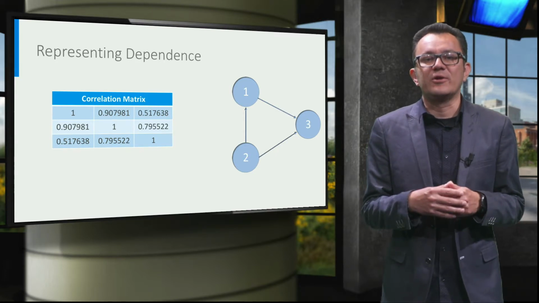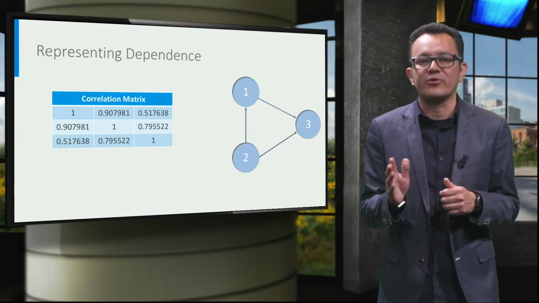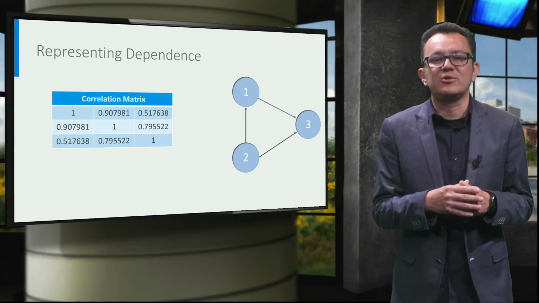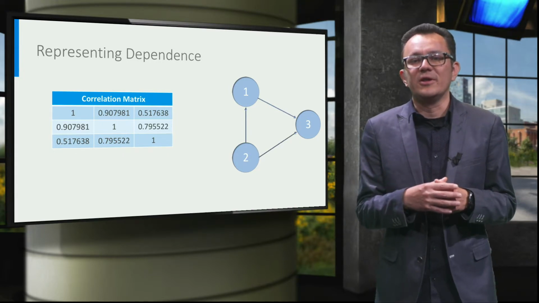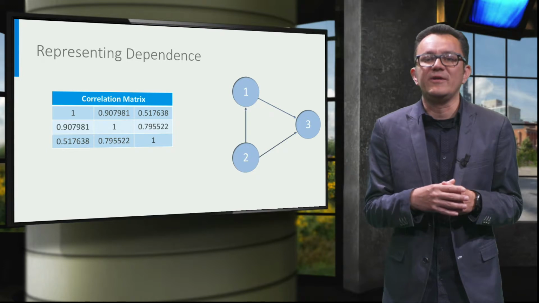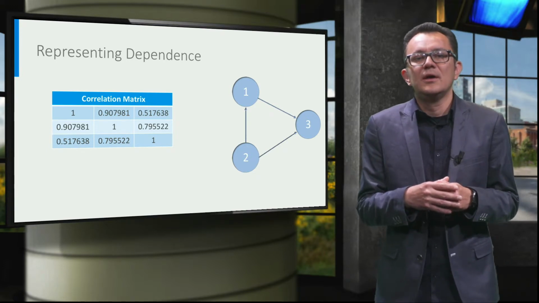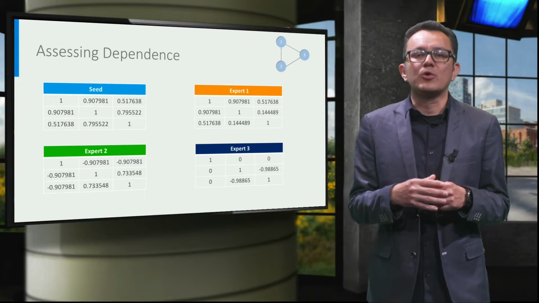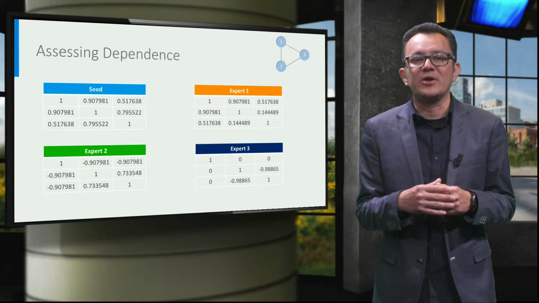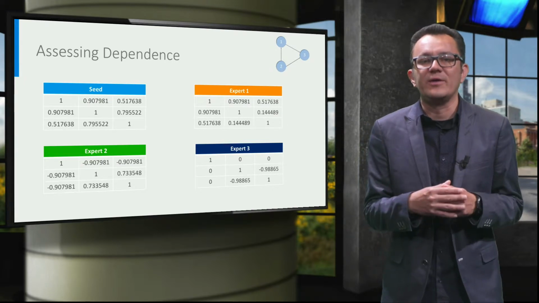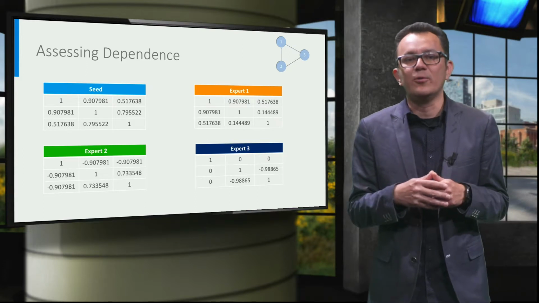That is, the correlation between random variables 1 and 2 is about 0.9, the correlation between variable 1 and 3 is about 0.51, and the correlation between variables 2 and 3 is about 0.79. Similarly, as in Cook's method, we will have a correlation matrix that will be used for measuring the accuracy of experts when estimating dependence, a seed correlation matrix, if you will.